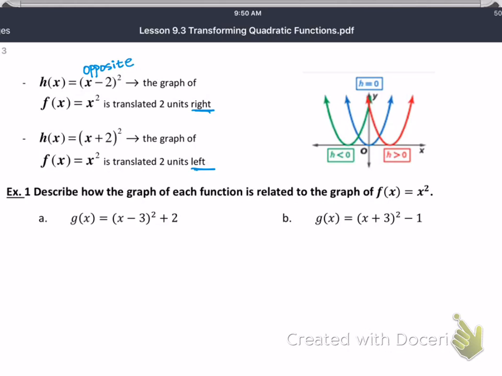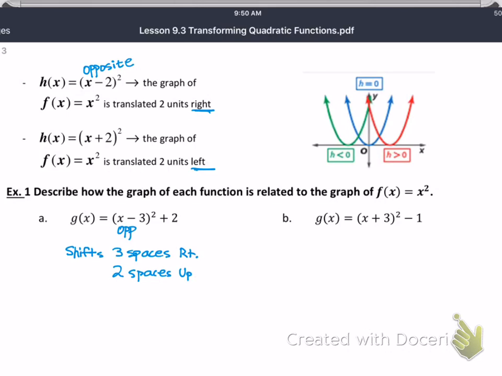The inside, again, I do the opposite, and the inside I know is left or right, and then on the outside I do whatever it says. So the inside says x minus 3, therefore it shifts to the right 3 spaces, and it moves 2 spaces up.